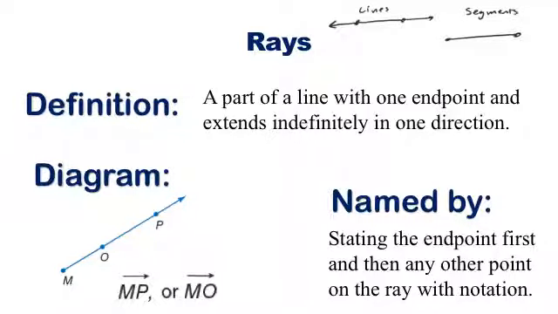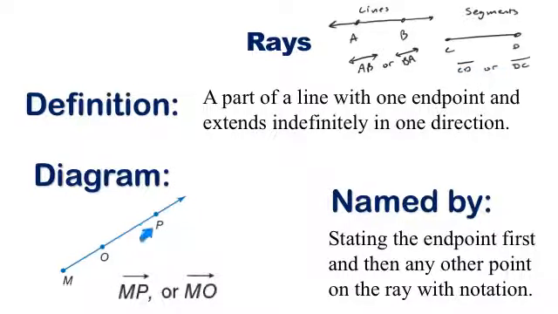Now, just like we said, it's important to know how to name lines and segments. For example, we can say this is line AB or line BA with the specific line notation. Or we can say this is segment CD or segment DC with the specific segment notation.